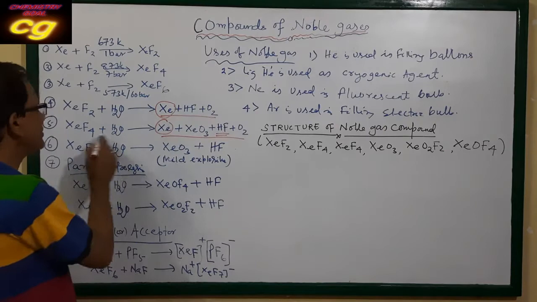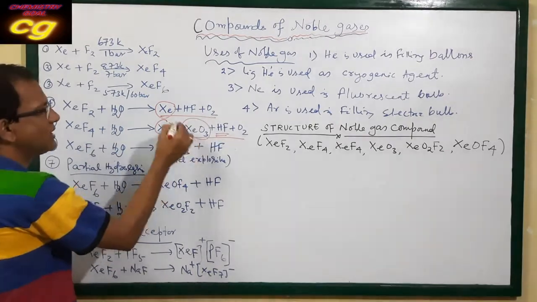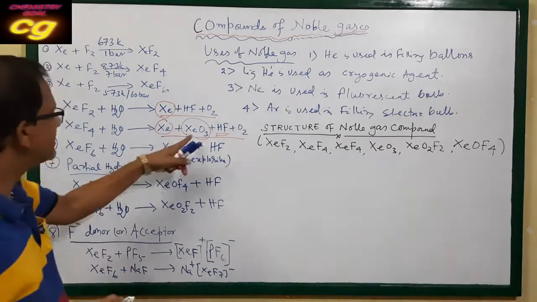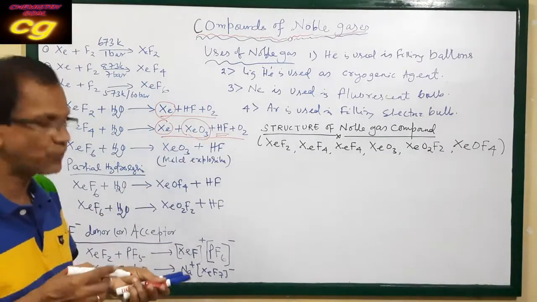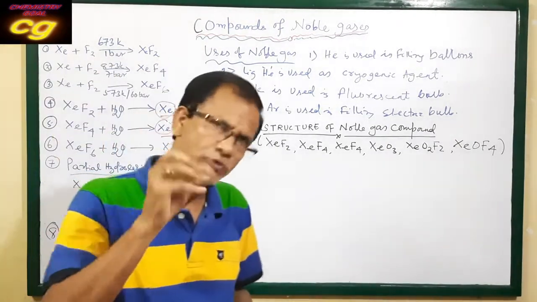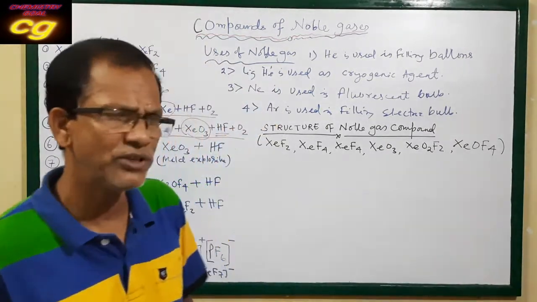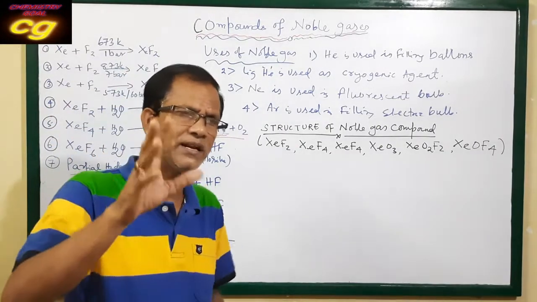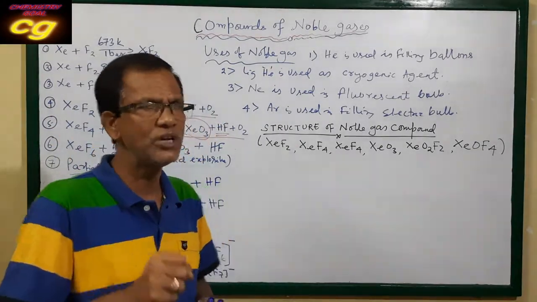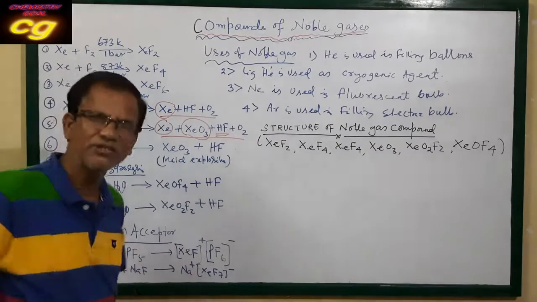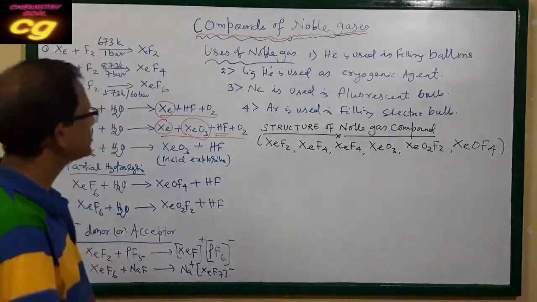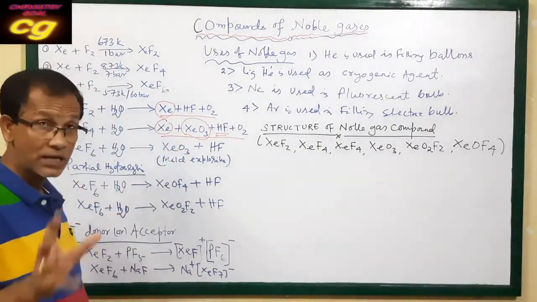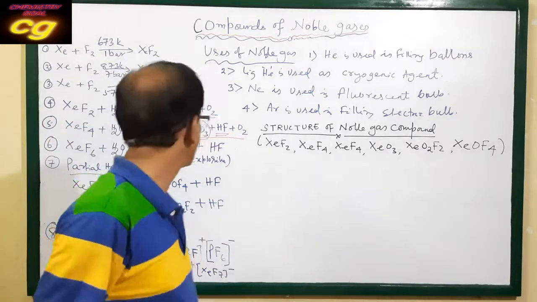The main difference is that xenon trioxide is produced, and this xenon trioxide is mildly explosive. Mild means it is also unstable, because xenon has very little tendency to form compounds. That's why all compounds of xenon are generally unstable, and xenon trioxide is explosive.